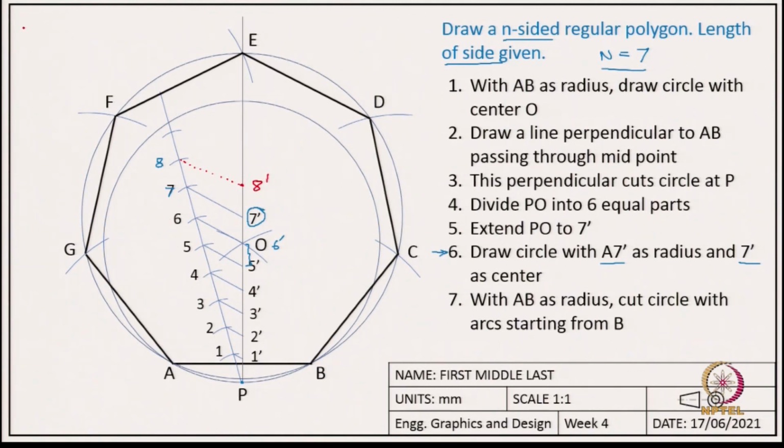And then what do we do? We draw a circle. What will be the radius? The radius will be 8 prime A. And what will be the length of those arcs? The center will be 8 prime.